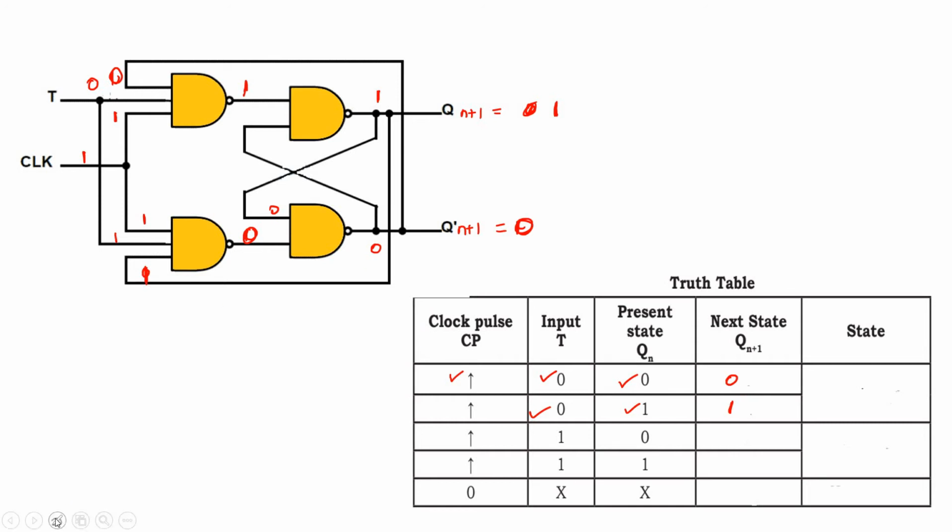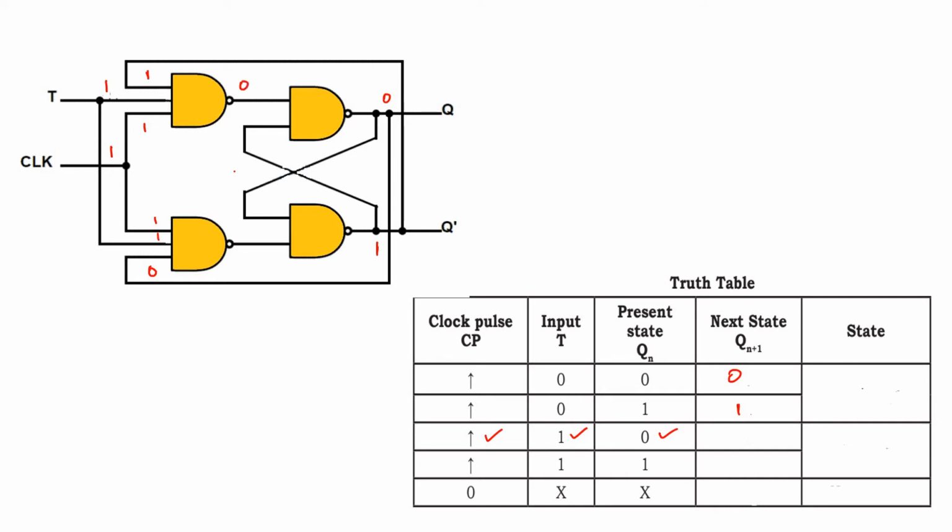And next I am going to explain the case number 3. So in case number 3, here 0 and here 1. The case 3 is high clock, T is equal to 1, present state equal to 0. So clock is high, that is 1, and T is equal to 1. So T is equal to 1 means 1. Then here present state equal to 0, Q bar equal to 1, 0 is connected here, 1 is connected here.